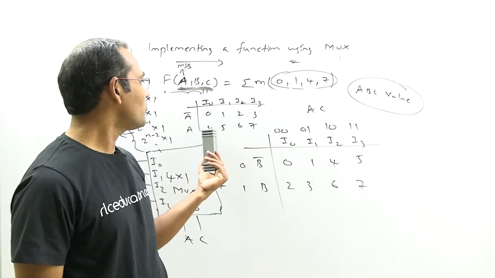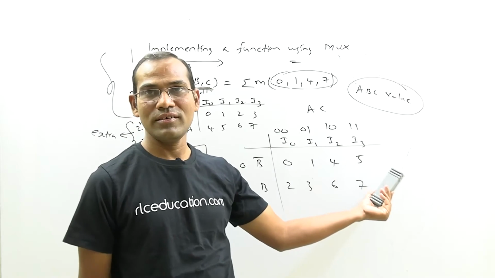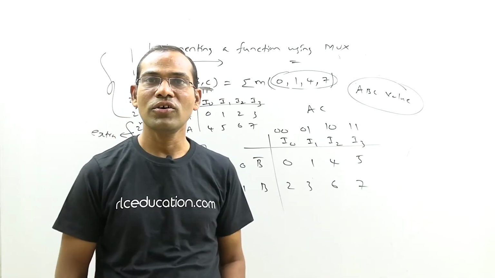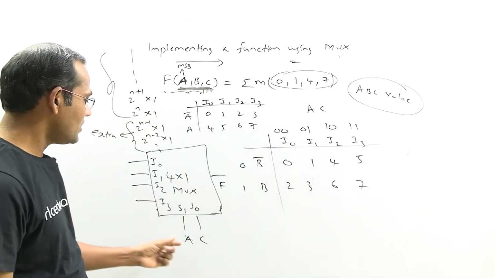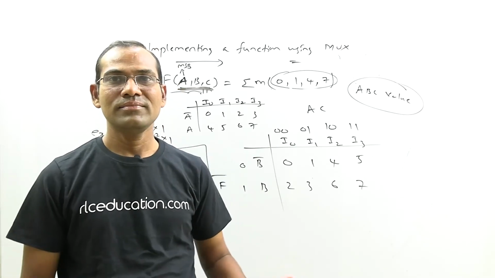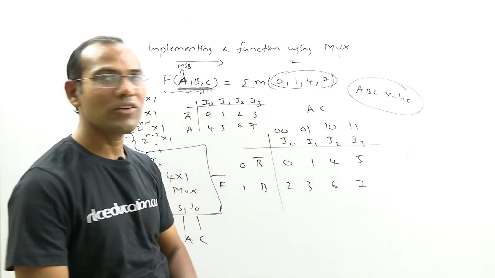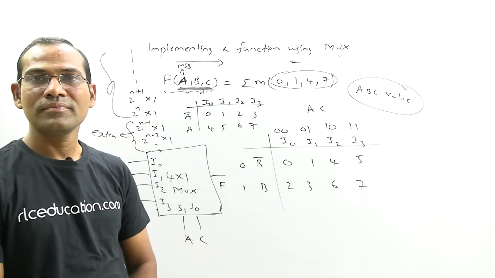Here it is 0, 1, 2, 3, 4, 5, 6, 7, but this order is different. 0, 1, 4, 5 is the first row, and 2, 3, 6, 7 is the second row. So whenever the selection is changed, the order automatically changes. Be careful. Don't think that this is always the order we have to write. That depends on the selection.